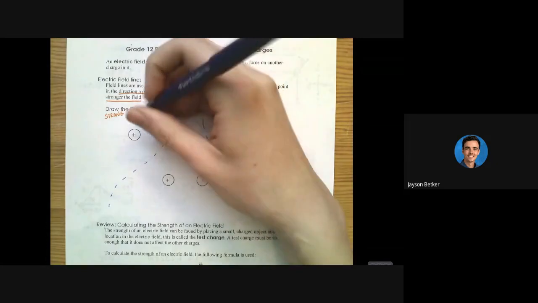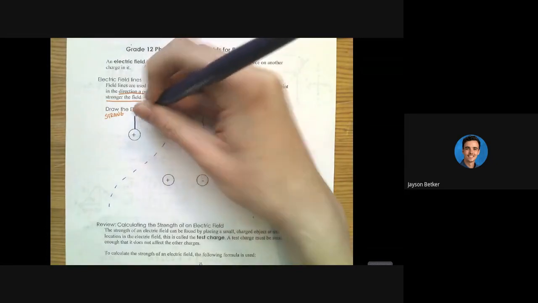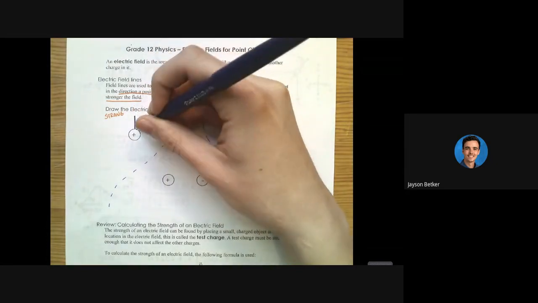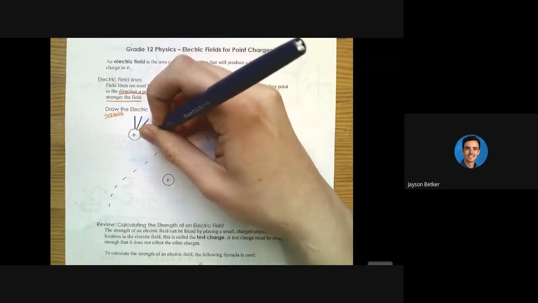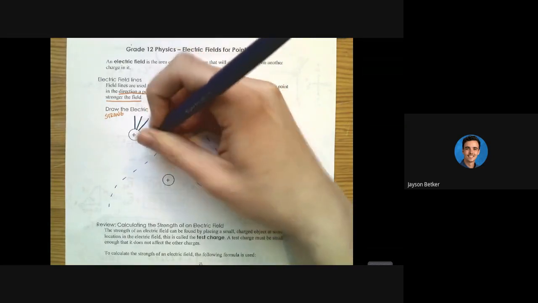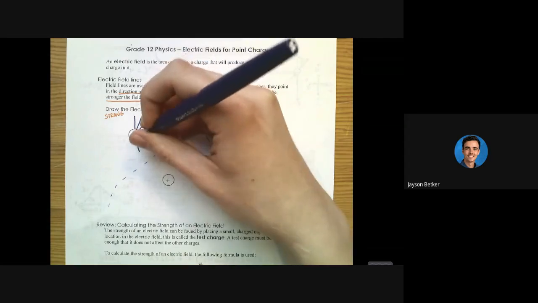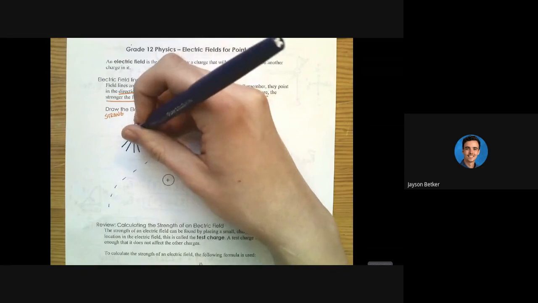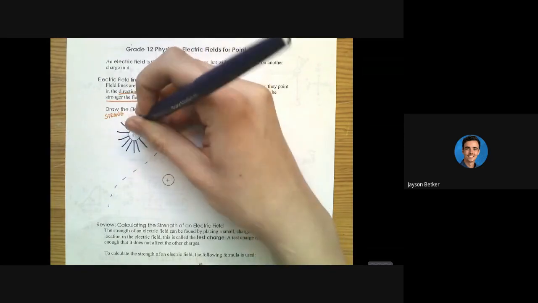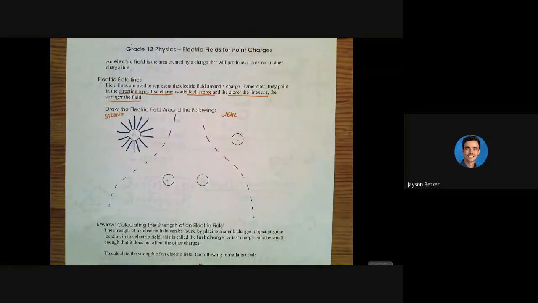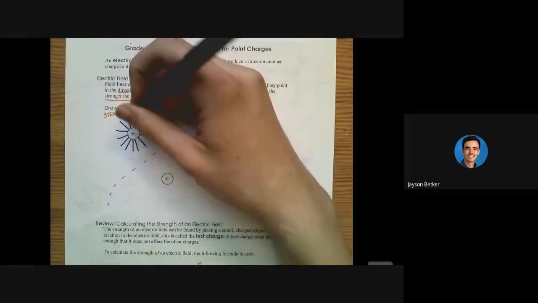A strong one would mean that there are more lines than we maybe see in some other examples. Now, one really key thing about the lines is that our drawings don't need to be perfect, but we want to make our lines perpendicular to the surface of the point charge from which they're either leaving or being attracted to. The reason I've drawn so many is because we said it was strong.